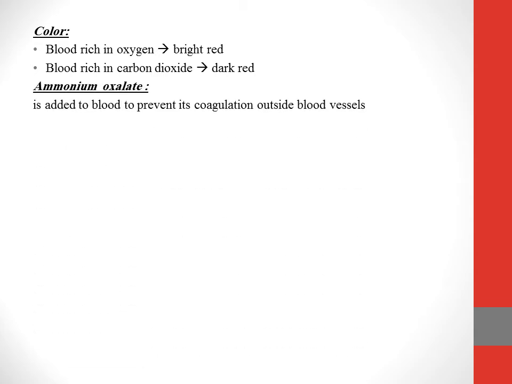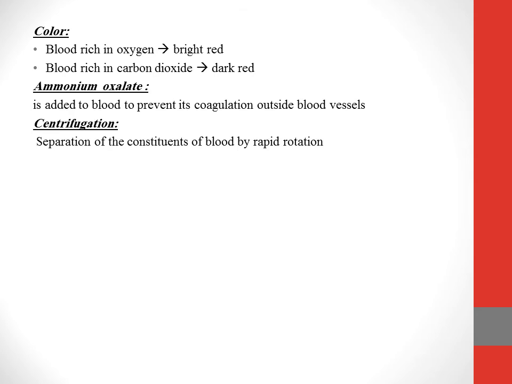What is ammonium oxalate? Ammonium oxalate is added to blood in order to prevent its coagulation outside the blood vessels. This means that outside the blood vessels, the blood will coagulate, so we add ammonium oxalate in order to prevent this coagulation. This is usually used when we are making centrifugation.